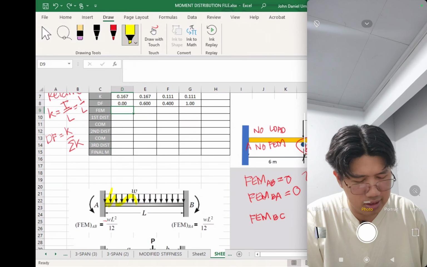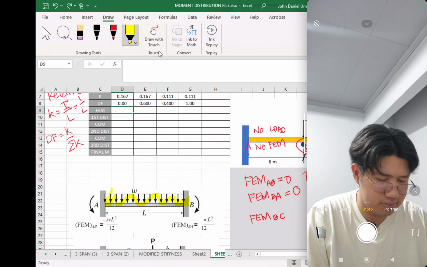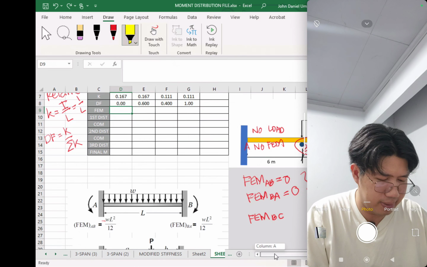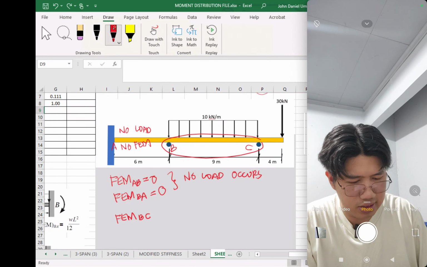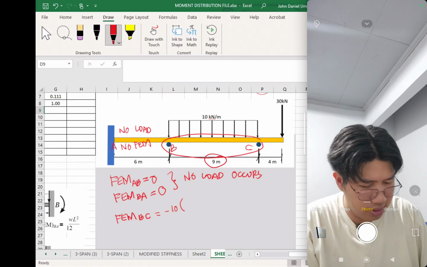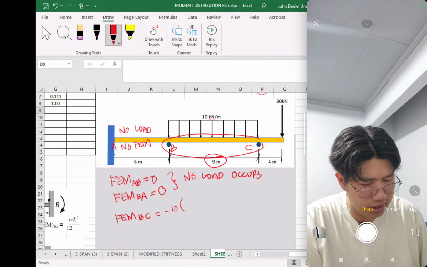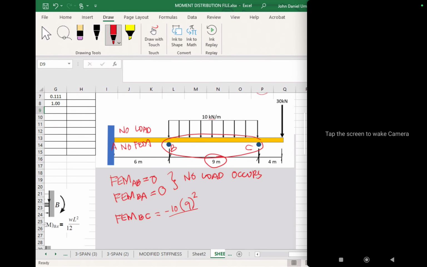Okay, so this is the case we will use. So that is negative 10 L squared over 12. L is the span of the member, that is 9 meters, squared over 12.